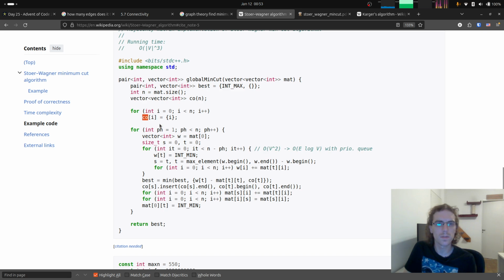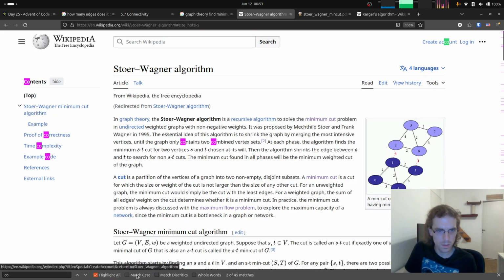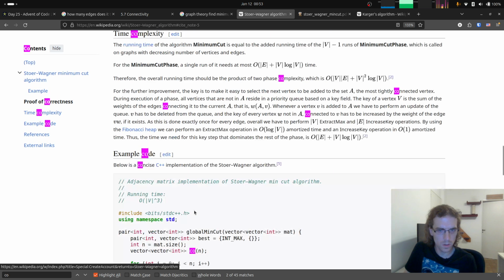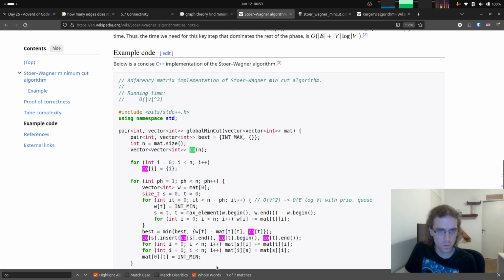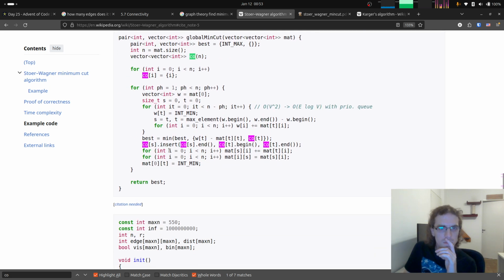So if this is also a vector of vectors and we are initializing it with single elements, do we then change the co? Let's search for it and highlight all of the occurrences that are whole words. And then we insert things into co, okay.